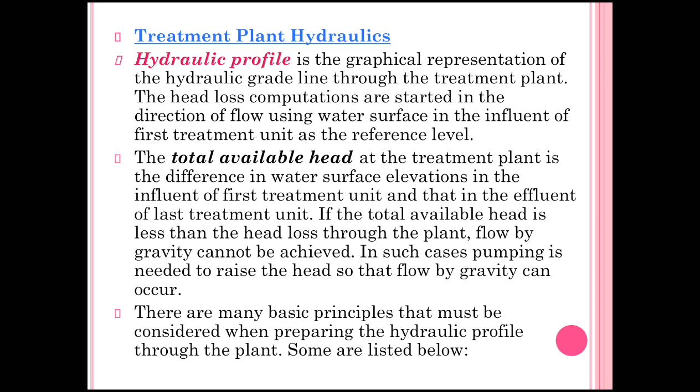The total available head at the treatment plant is the difference in water surface elevation in the influent of the first treatment unit and that of the last treatment unit.